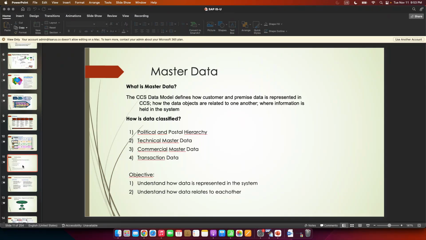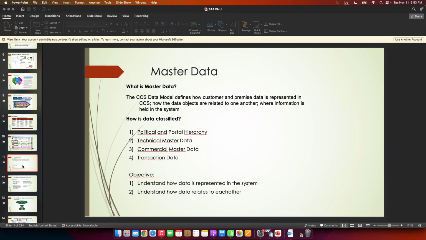The third set of data is called master data. When it comes to master data, depending on the application you're trying to use, your master data might vary. Say for instance, if I take the R/3 application, which is ECC, you'll come across customer master data, material master data, document master data, conditions master data, and all this stuff.